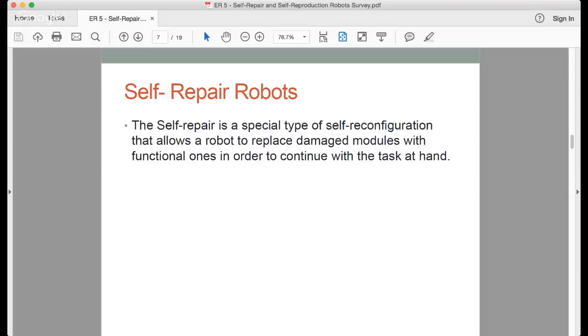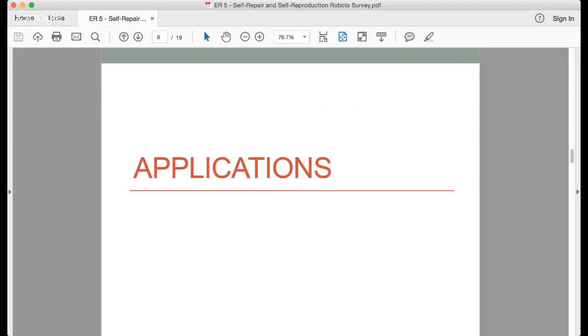In case of a failure or a problem, it can eject the damaged module and replace it with a fresh, fully functioning one. Such robots are well suited for working in unknown and remote environments. So let's check the applications.